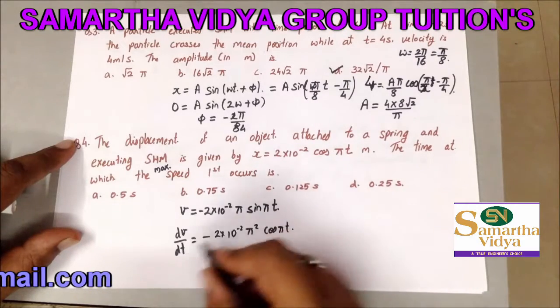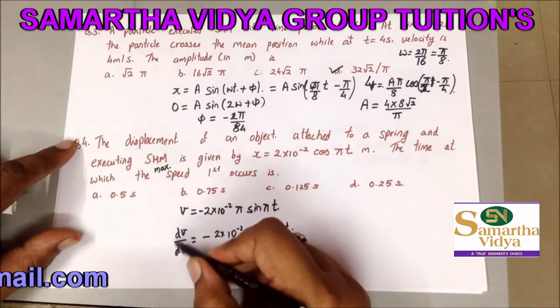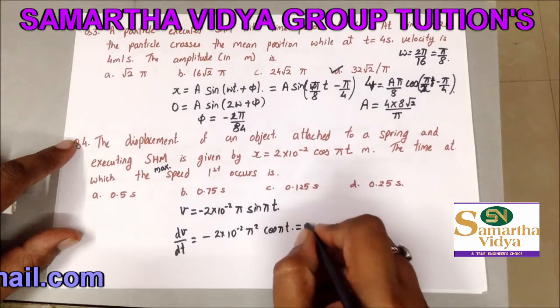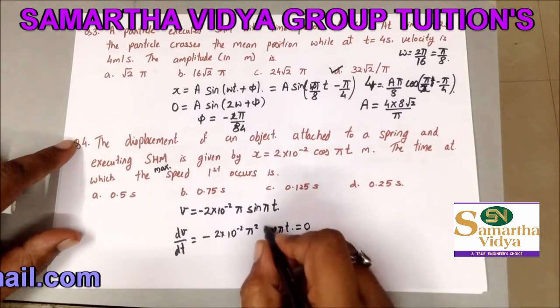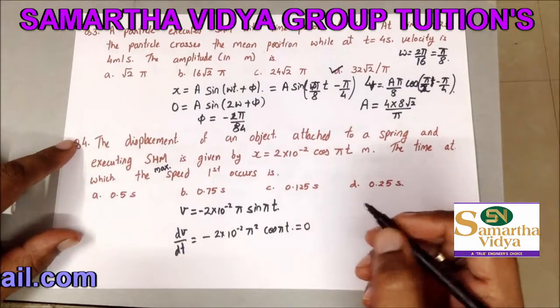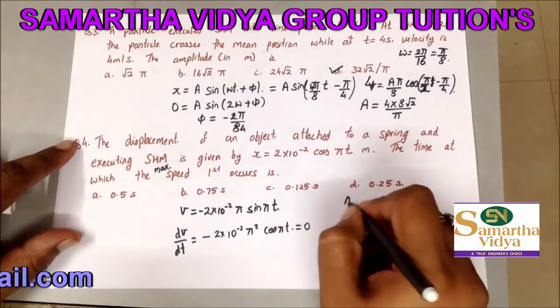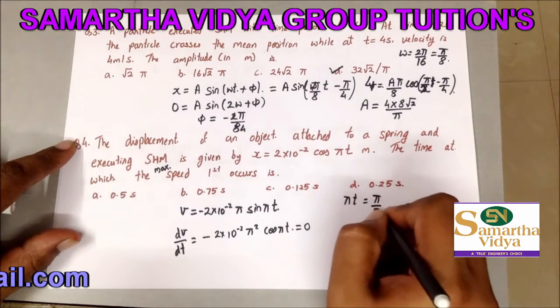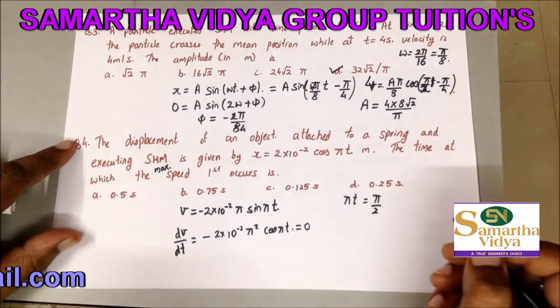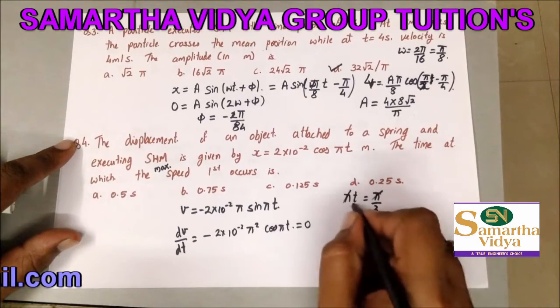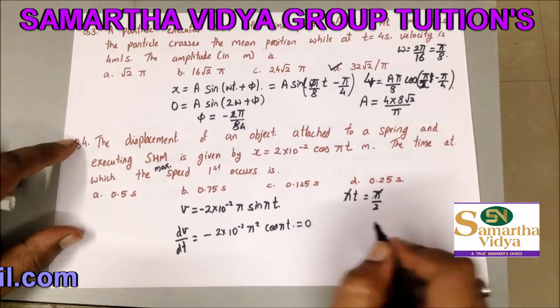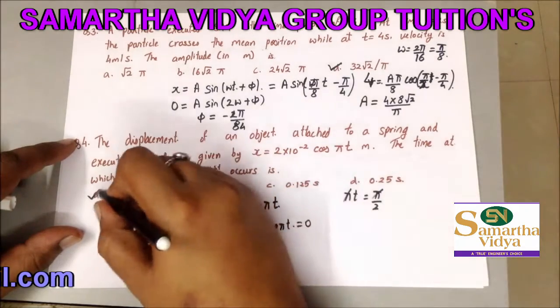Now I need to make the velocity maximum, which means the derivative of it should be 0. So if I equate it to 0, that means cos pi t is 0. We know that cos becomes 0 at pi by 2, so pi t will become pi by 2. Pi gets cancelled out, so t becomes half. That means the time should be 0.5.